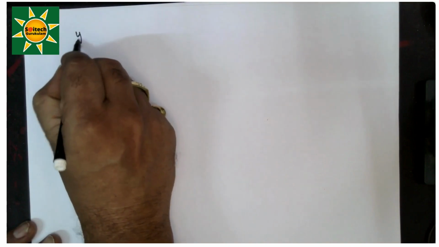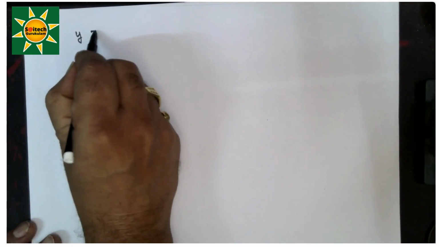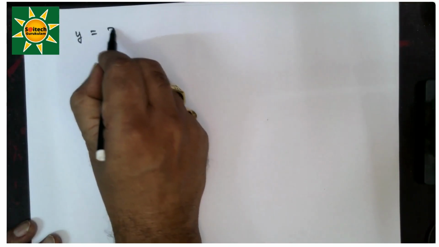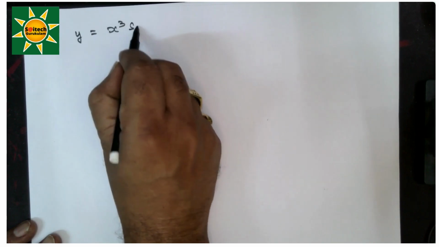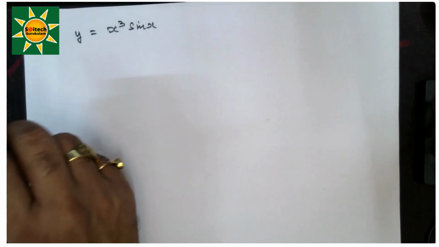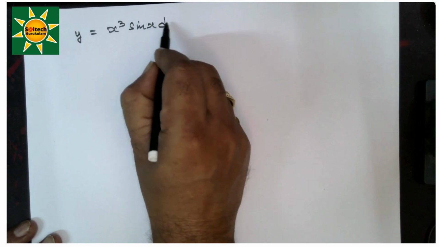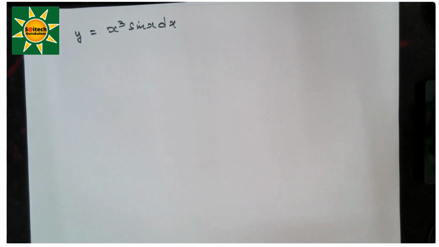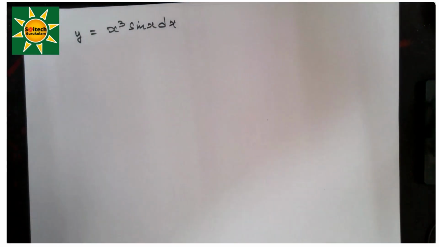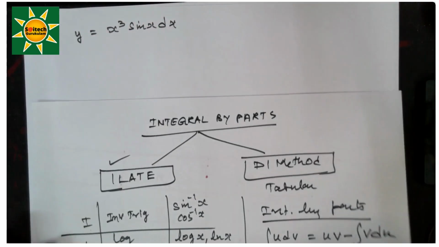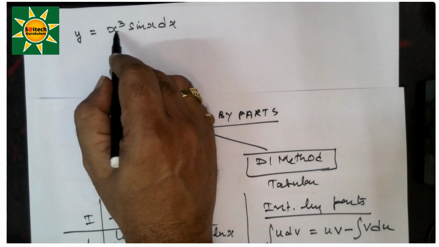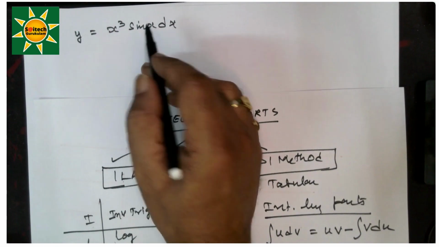Let us consider the problem integral x cube sin x dx. Now let us follow the strategy. So this is the algebraic function and this is the trigonometric function.